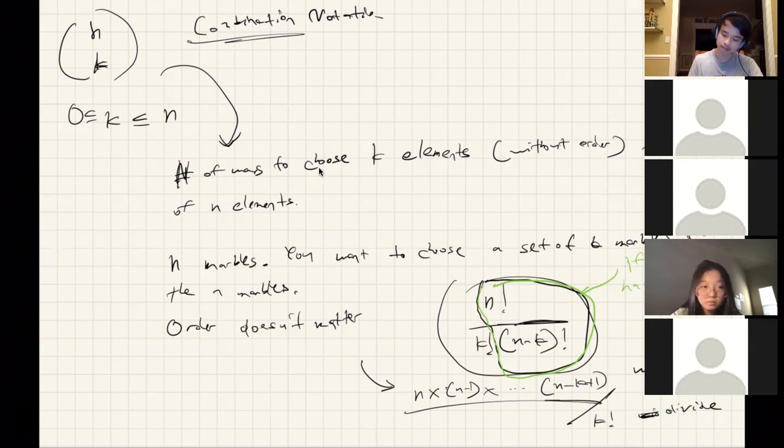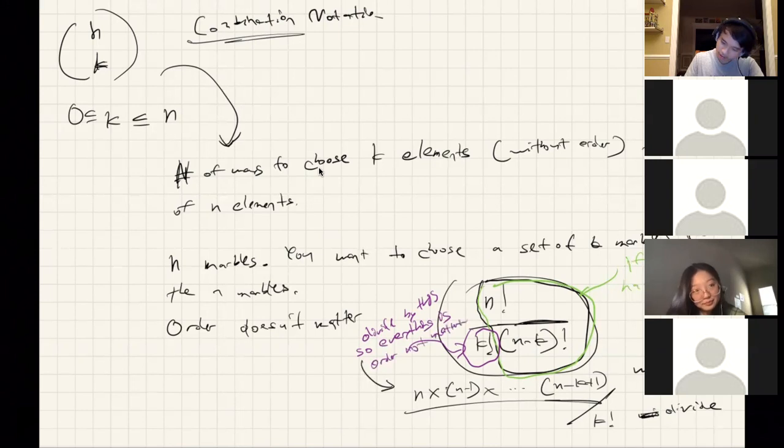Then this would be our answer. But we divide by the k factorial so that everything is counted with order not mattering.